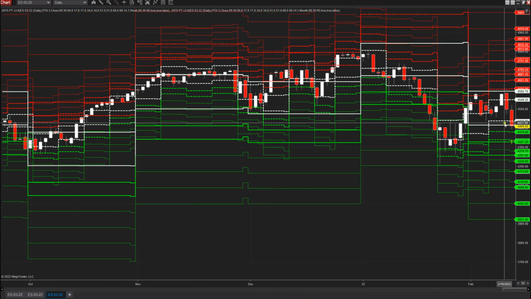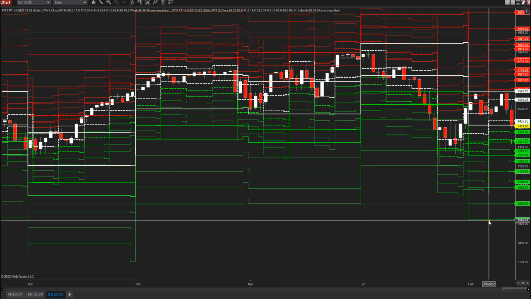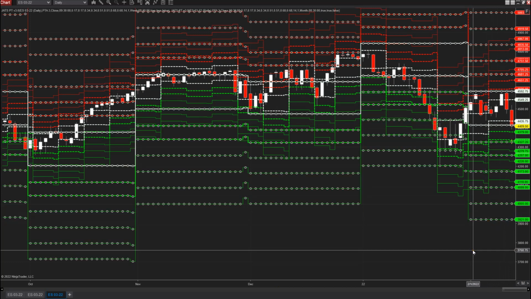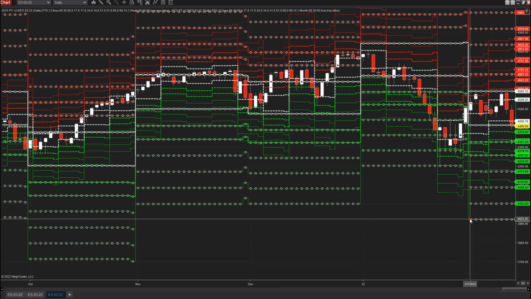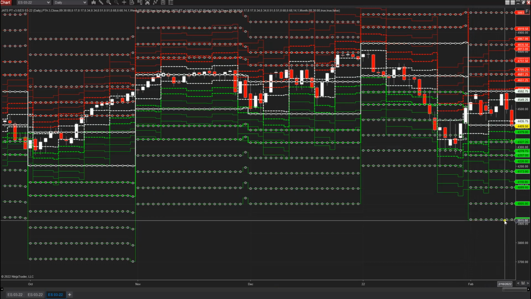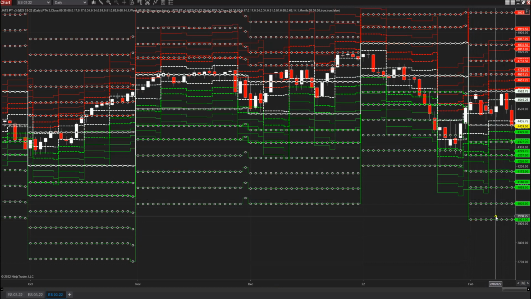So the white box is the monthly, and the last line is 39.21. So that 39.21 will be defended very heavily on the first touch. So that is your last line of defense.